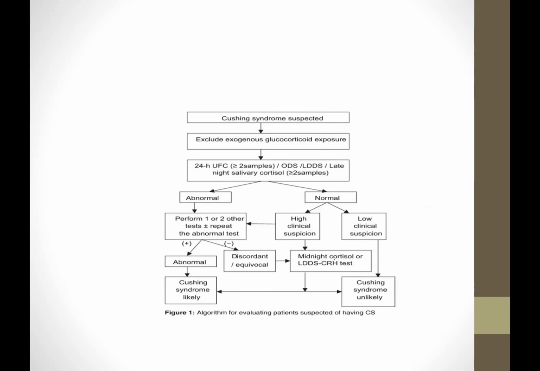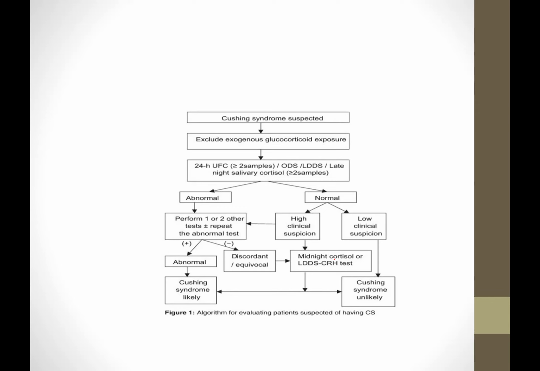Okay. Now, this summarizes Cushing syndrome, in a way what we have discussed till now. Cushing syndrome is suspected. First, exclude exogenous glucocorticoid exposure. Then you have to establish endogenous glucocorticoid excess by 24-hour urine-free cortisol or overnight dexamethasone suppression test or low-dose dexamethasone suppression test or late-night salivary cortisol.